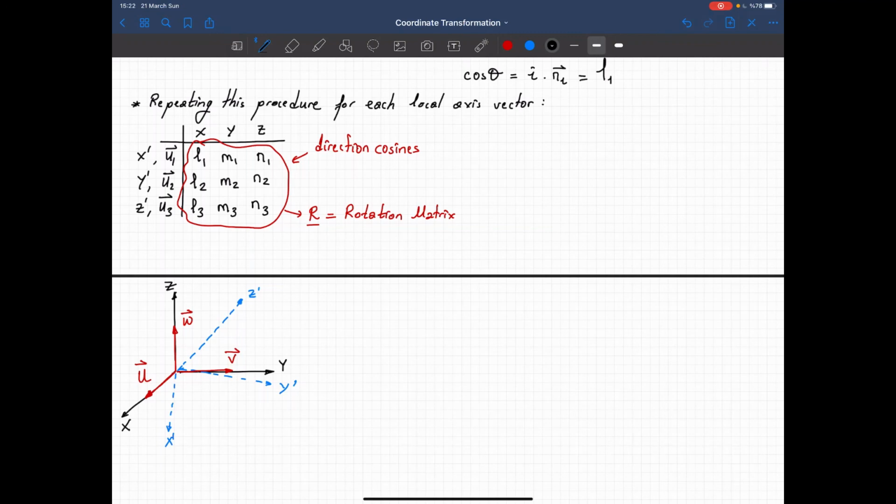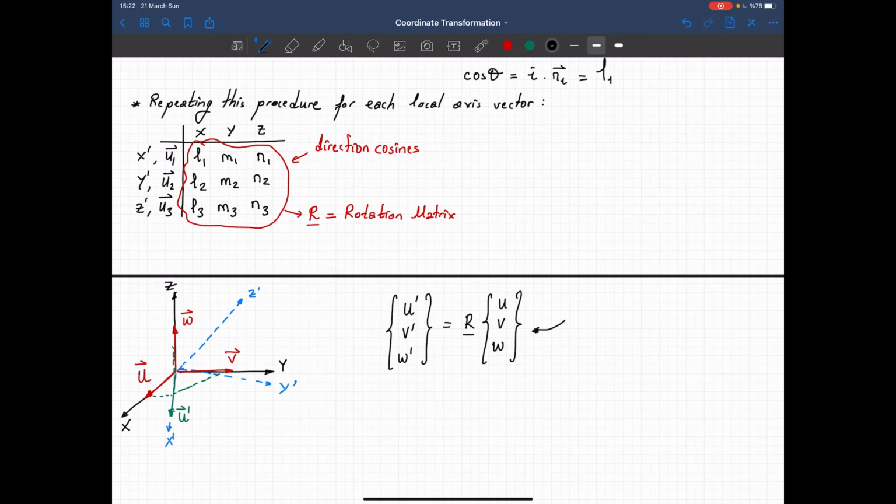Now I want to calculate the components on this local X axis, so I need to find the components of each vector in the local X direction and add them up, and determine U prime. When you do that, you'll see that U prime, V prime, W prime is nothing but the rotation matrix multiplied by your displacement components in the global directions.